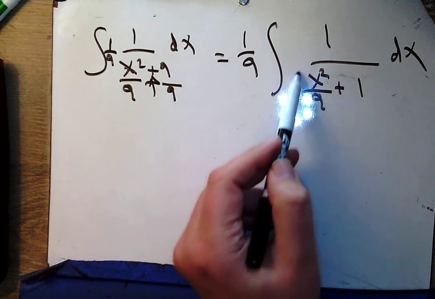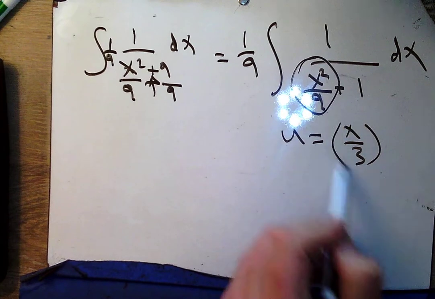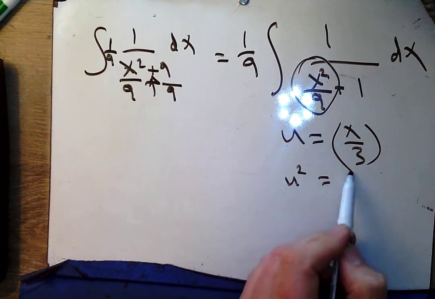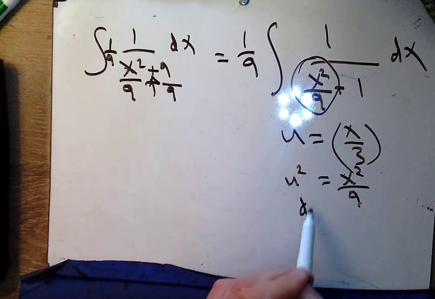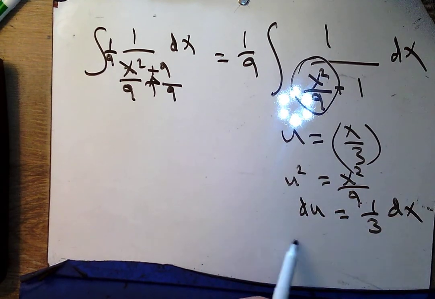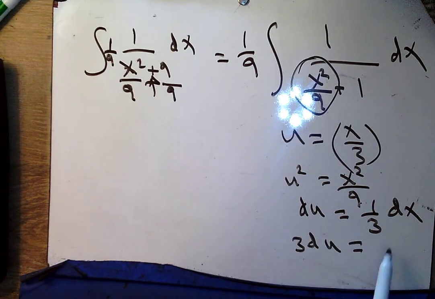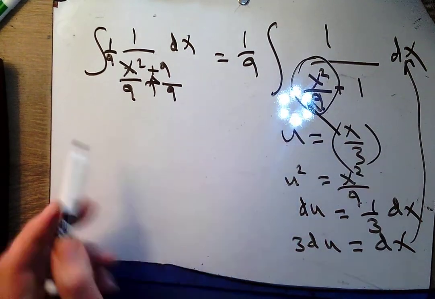Excellent. So my u is x over 3, because u squared would then be x squared over 9. Don't forget, you want du is 1/3 dx, or 3 du equals dx.